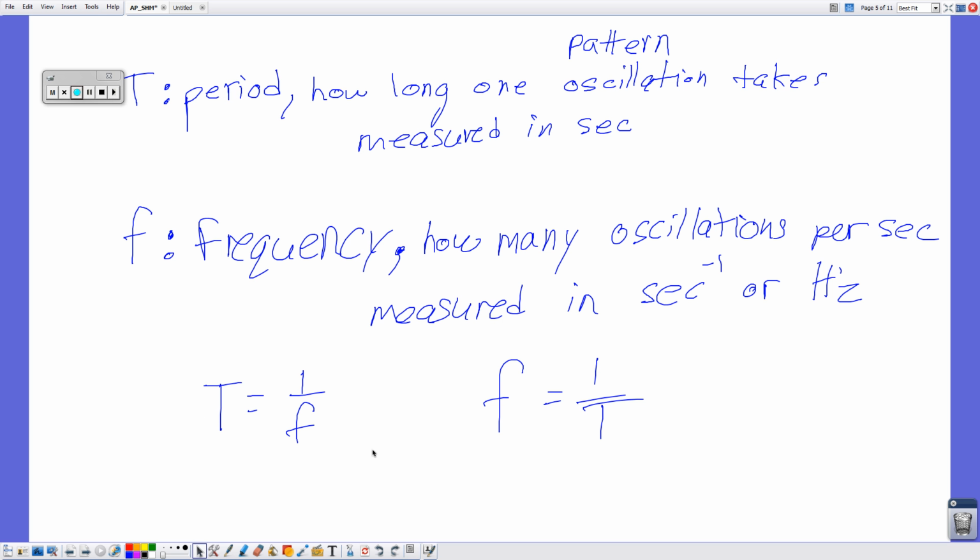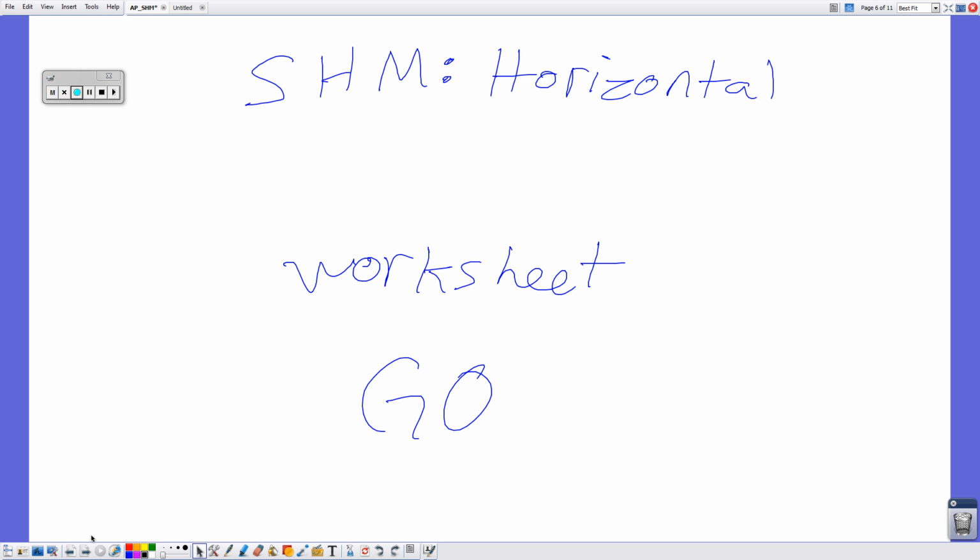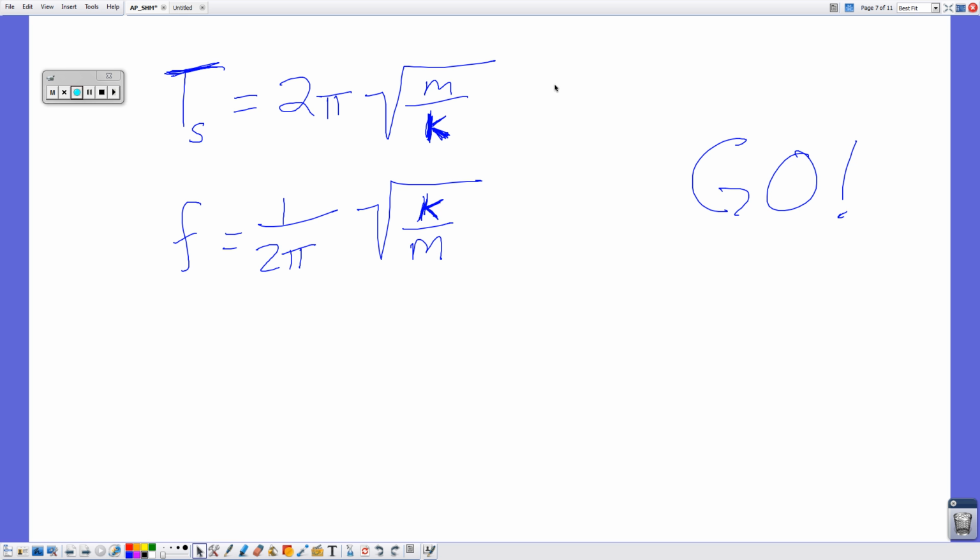And period and frequency, they're inverses of each other, given by this nifty set of equations. Notice that the only thing that determines period and frequency is the mass of the block at the end of the spring and the stiffness of the spring itself. The amplitude doesn't matter. Think about what that means for a second.